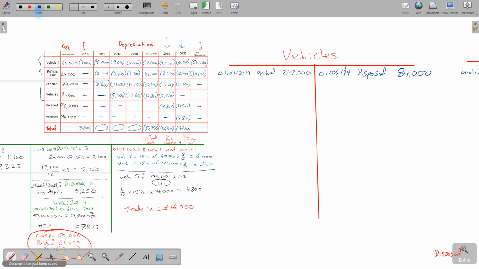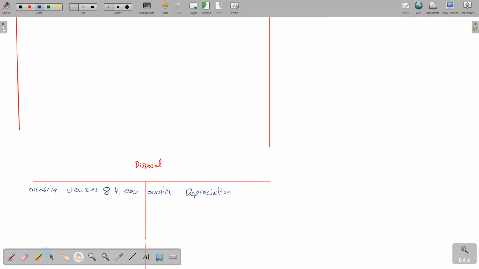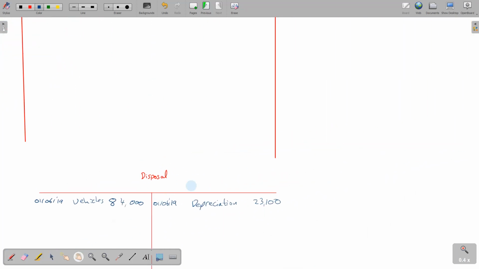And I hope you spotted that before I did. So it's just going to be these two put together. 17,850 and 5,250 is 23,100. So that's my bad. So 23,100 is depreciation.